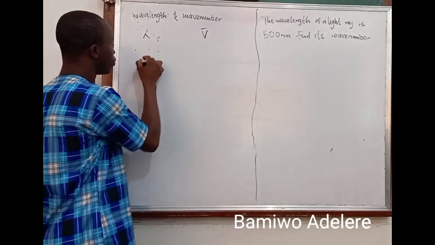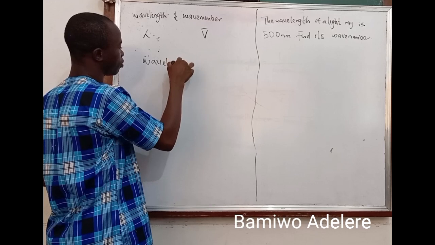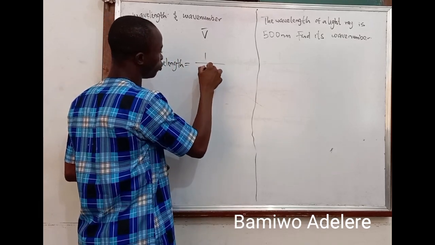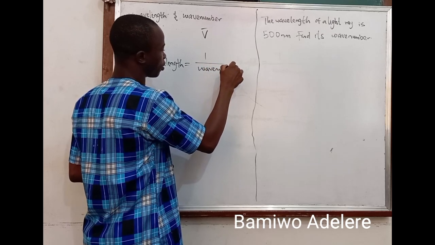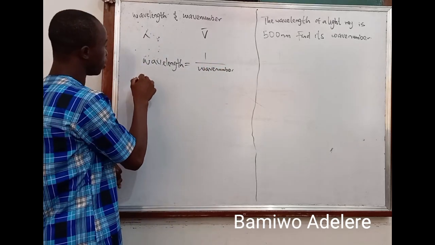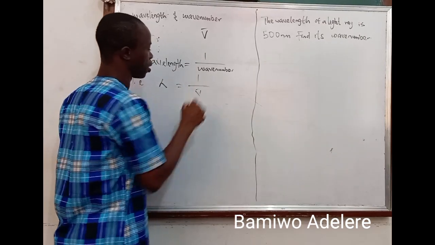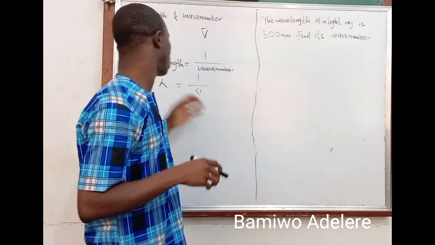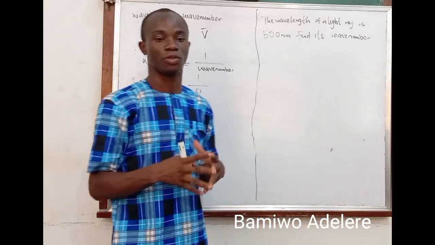Which implies that wavelength is equal to 1 over wave number. That is, lambda equals 1 over v bar. So this is the relationship between these two quantities, in the sense that your wavelength is the reciprocal of wave number.